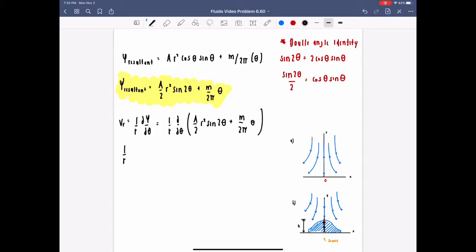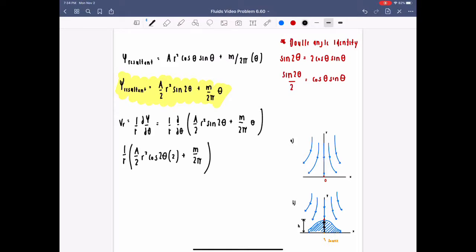The a over 2 r squared is just a constant, so that can stay there, r squared, and the sine of 2 theta just becomes cosine of 2 theta after taking the derivative, multiplied by 2, taking into account the chain rule, plus the theta here just goes to 1, so you just end up with m over 2 pi.